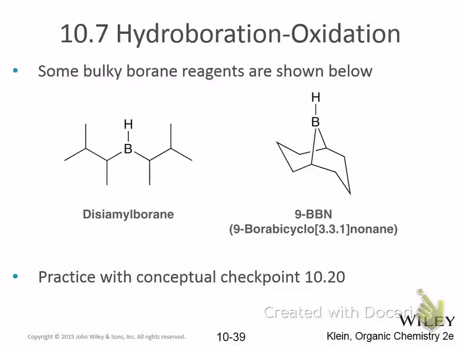To get around this problem, when they do the hydroboration reaction with alkynes, they tend to use boron reagents that are already disubstituted. What does that mean? It means it can only add once.